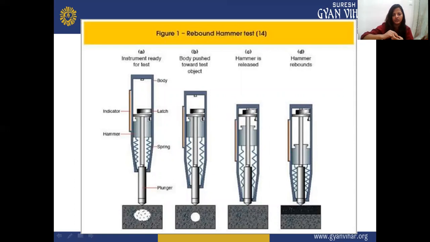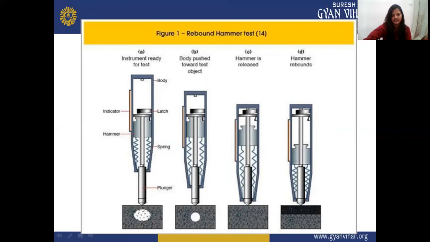So this is the whole structure of the rebound hammer. We have a plunger, a spring, a hammer, an indicator on the outside of the casing, a latch, and a body. This equipment, as on the left side, is ready for testing. The whole device is pushed against the surface on which the testing has to be done.